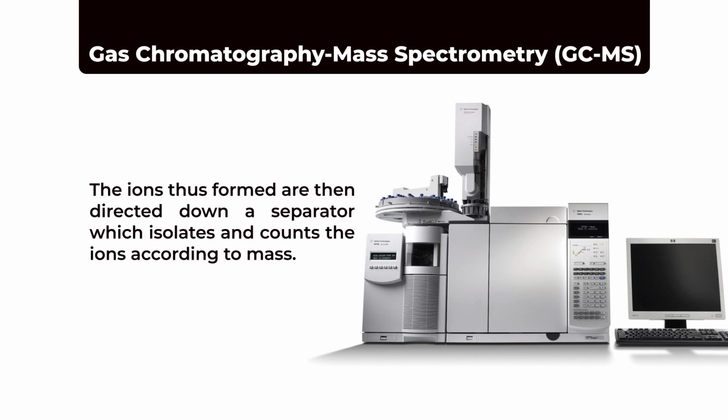The ions formed there are then directed down to a separator in the mass spectrometer detector. It isolates each component and counts the ions according to their mass.